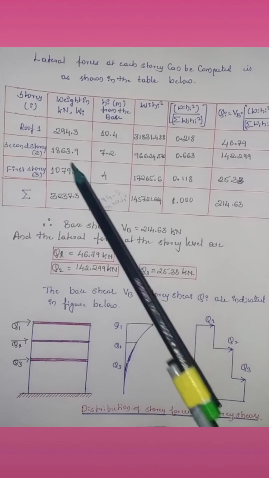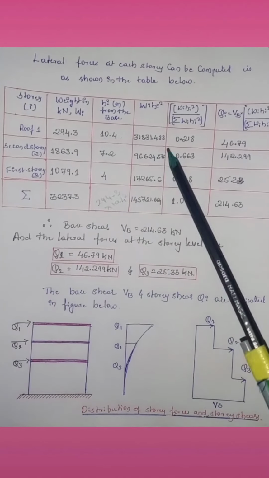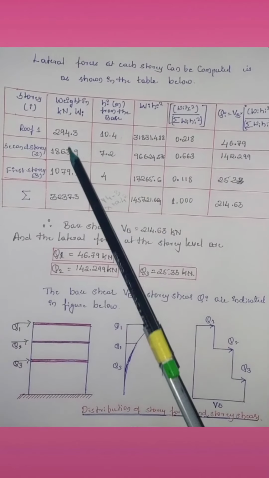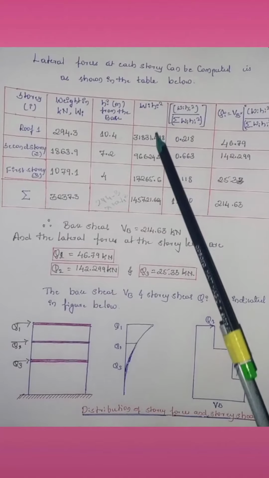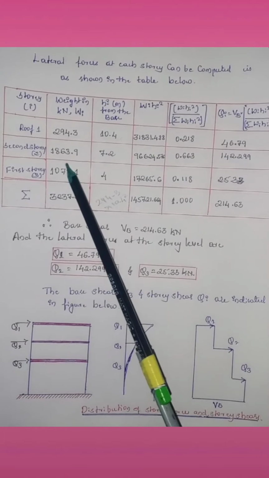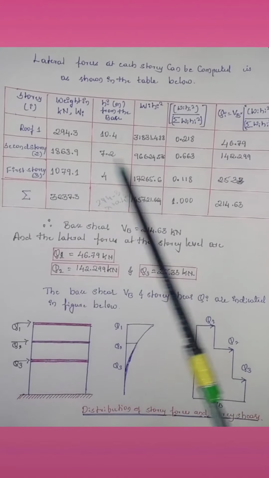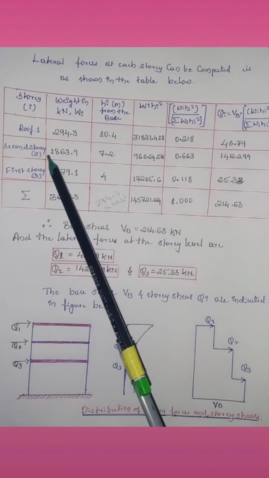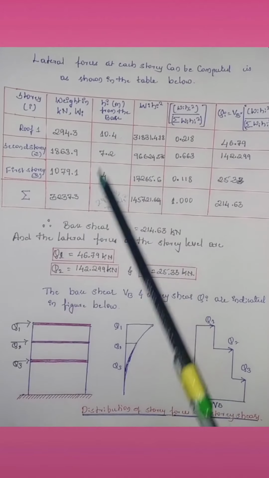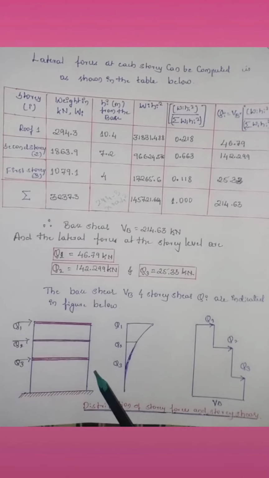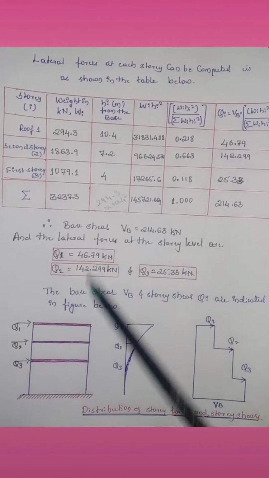Now, similarly, go on doing the same procedure for these stories also. Here, after getting Wi hi square, do the same thing for all the stories. Take the seismic weight of the story and the height from the base, from this 4 plus 3.2, that is 7.2.